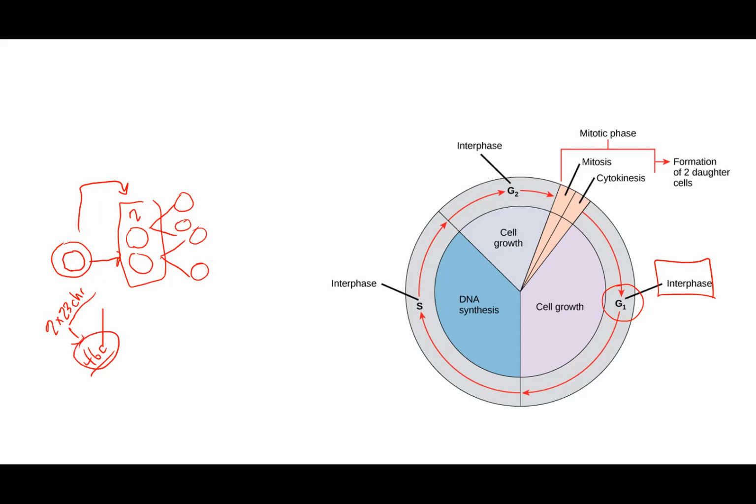When we go from one cell to two cells, those two cells need to be viable. So we need a cell that starts with 46 chromosomes, but at the end of the cell division, we need two cells that also have 46 chromosomes.